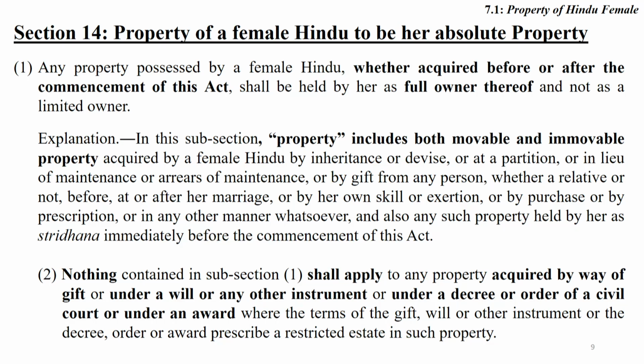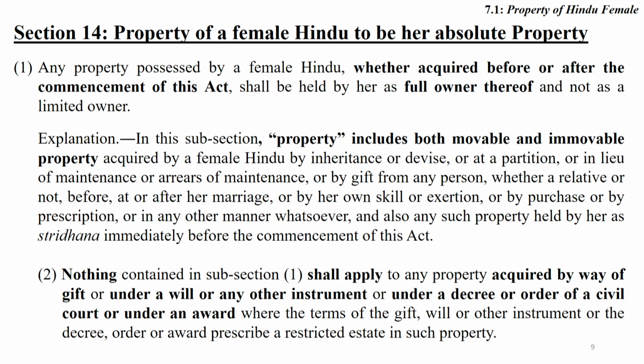Explanation: in this subsection, property includes both movable and immovable property acquired by a female Hindu by inheritance or devise, or at a partition, or in lieu of maintenance, or arrears of maintenance, or by gift from any person, whether a relative or not, before, at or after her marriage, or by her own skill or exertion, or by purchase, or by prescription, or in any other manner whatsoever, and also any such property held by her as Stridhan immediately before the commencement of the act.